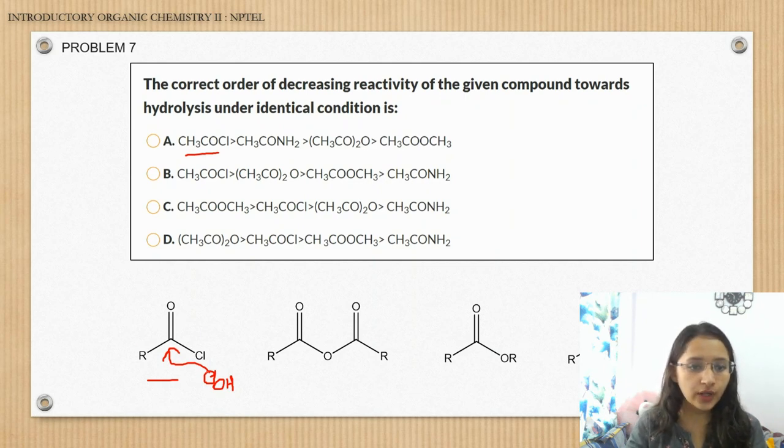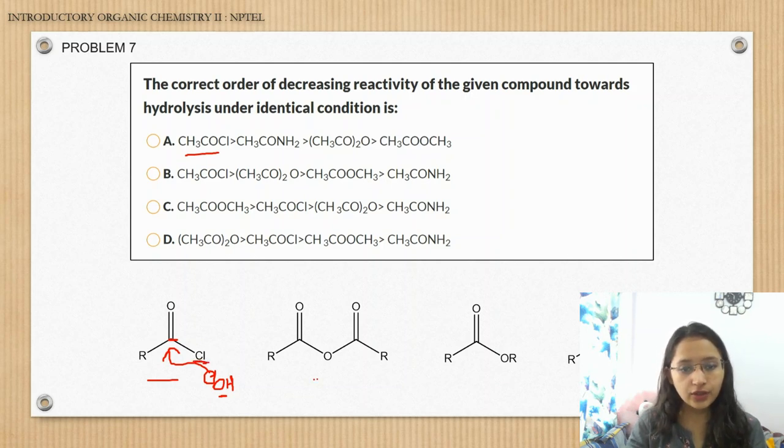As we know, Cl is an electronegative atom, so it makes this carbon much more electrophilic in nature. So now the attack of this nucleophile on this particular carbon is very easy. So the hydrolysis rate of this acid chloride is very high because of the electronegativity of this Cl.